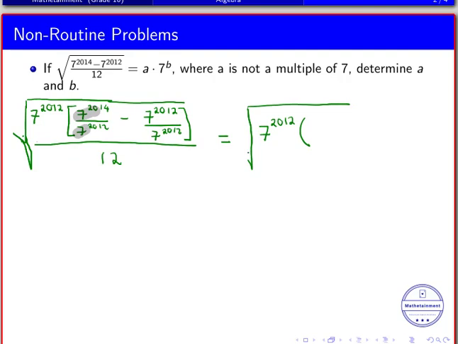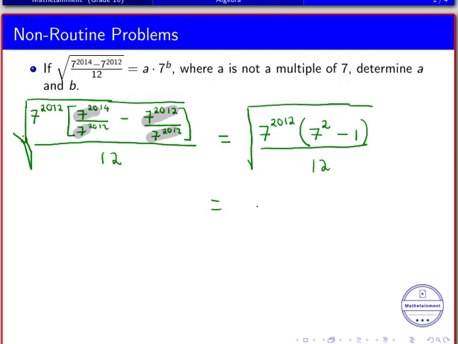So you take one base, which is 7, and subtract their exponents: 2014 minus 2012 gives you 2 in the exponent. And here, you have 7 to exponent 2012 divided by 7 to exponent 2012. We are dividing basically the same quantity, so there you just have a minus 1, all over 12.